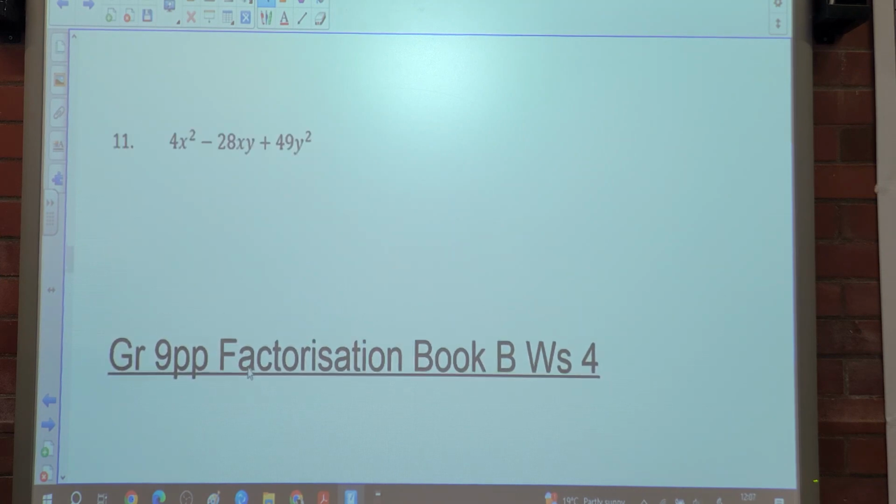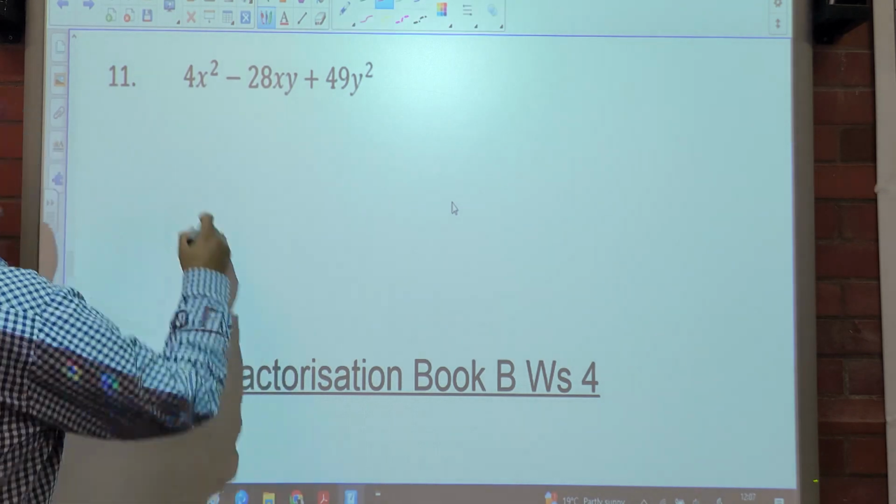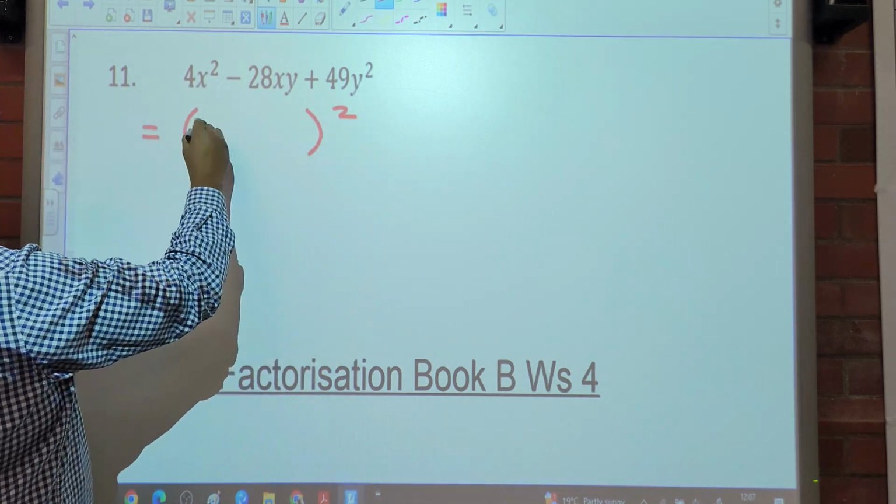Number 11. We have 4x squared minus 28xy plus 49y squared. Is there a common factor? No. Are the first and last terms perfect squares? Yes. So the square root of 4x squared is 2x.